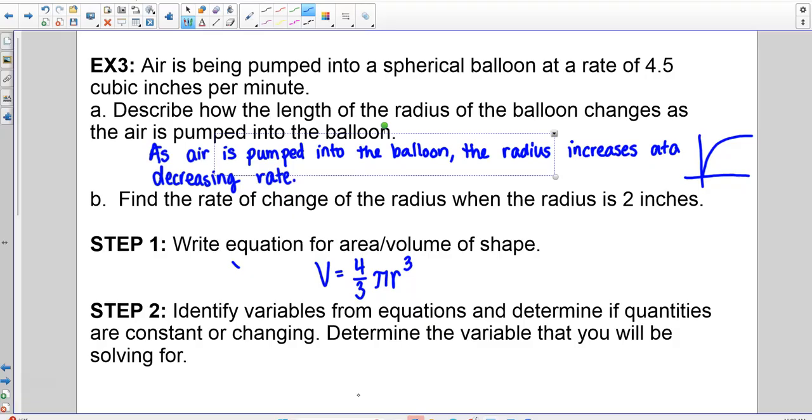Rectangles, triangles, circles, 2D figures we need to know, pretty much. Most 3D figures, they're going to give you the formula. Maybe not a rectangular prism, because that is just length times width times height. Most of the other ones, they're going to give you the formula in the problem, although it never hurts to have them memorized as well, just in case.